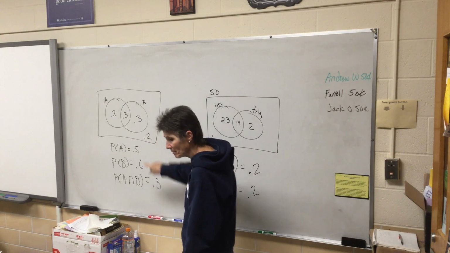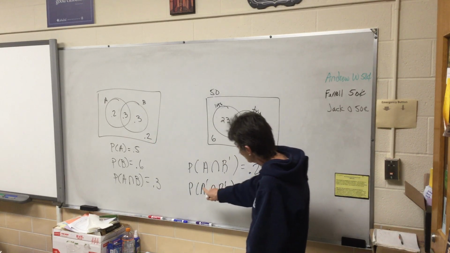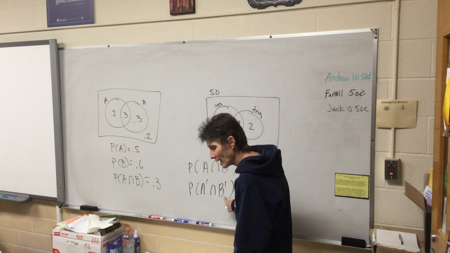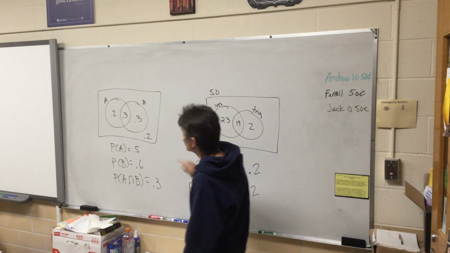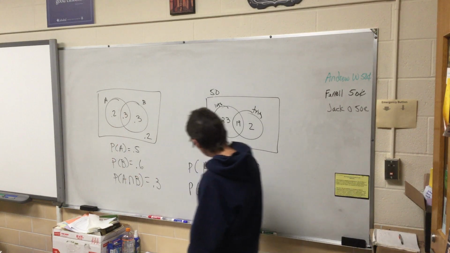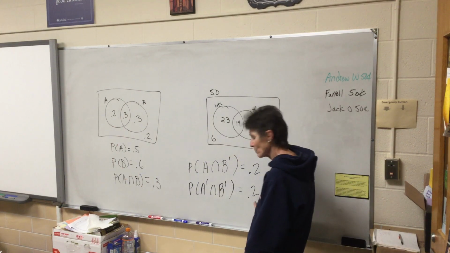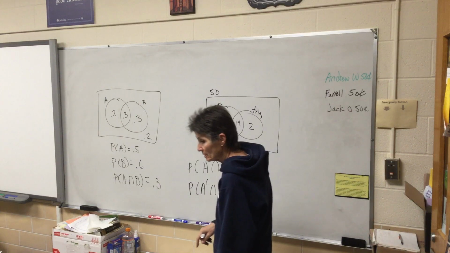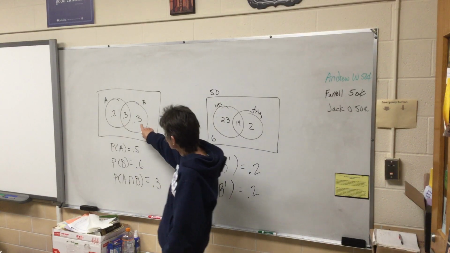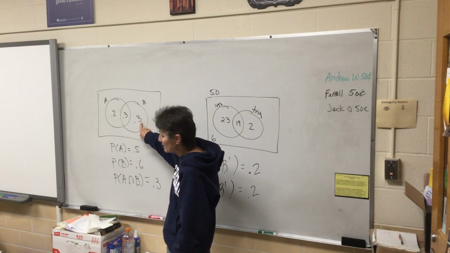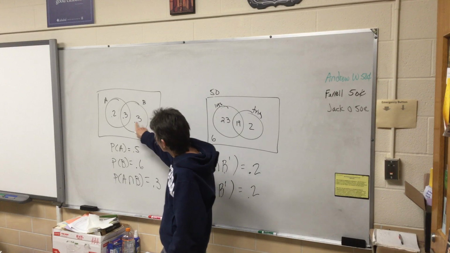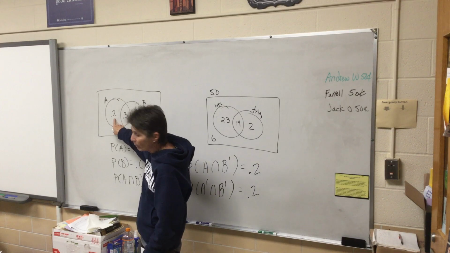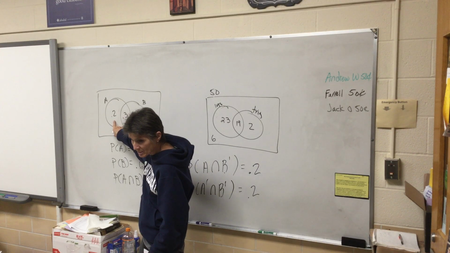These are the only people in the picture that aren't in a circle. This says you don't like A, so you're not in the A. You don't like B, so you're not in the B. You're not in a circle, so that would be these 0.2 right here. Okay? These 0.3 like only bananas. These 0.3 like both, and these 0.2 like only apples.